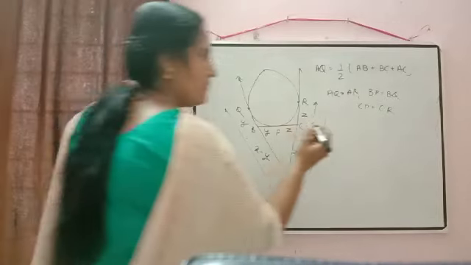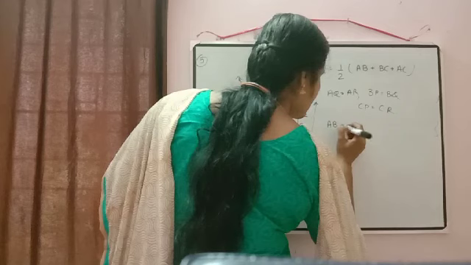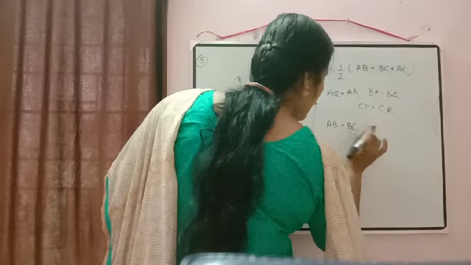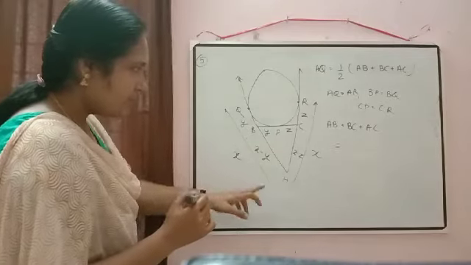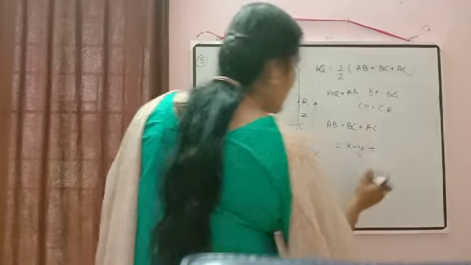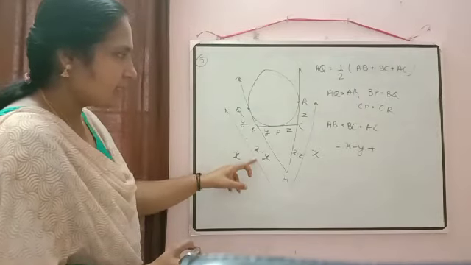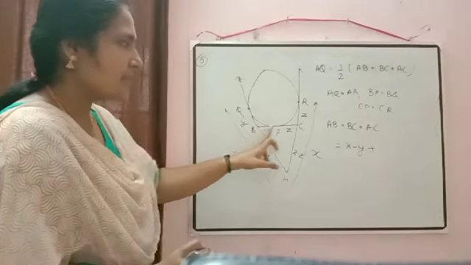Now we'll find out the sum of all these sides there. AB plus BC plus AC. What is AB? In the diagram we wrote here AB is equal to X minus Y. How we can rewrite BC? BC can be written as Y plus Z.